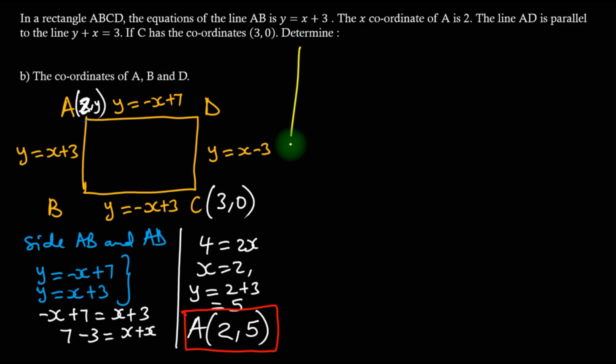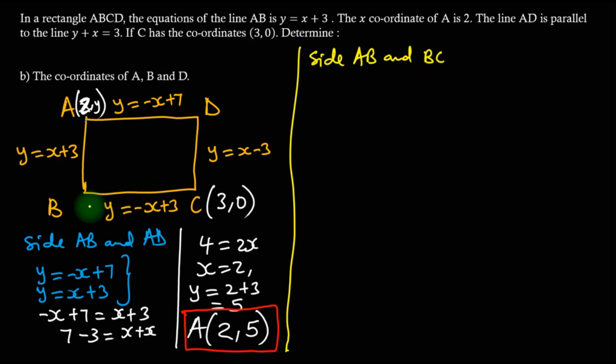Then from there we move on. Now we look at the coordinates of B. In this case we consider sides AB and BC. B is a common point, therefore we are going to equate the two equations. That is, y equals x plus 3, and the other equation is y equals minus x plus 3.